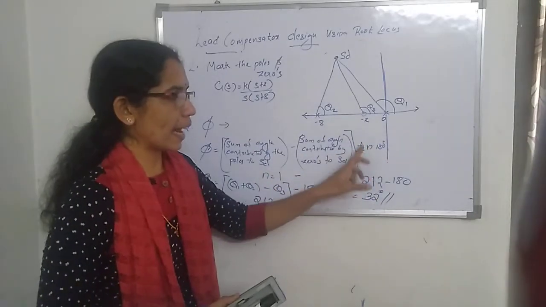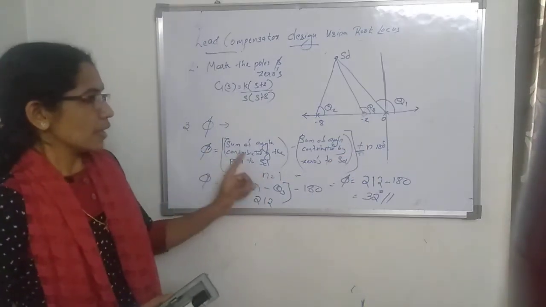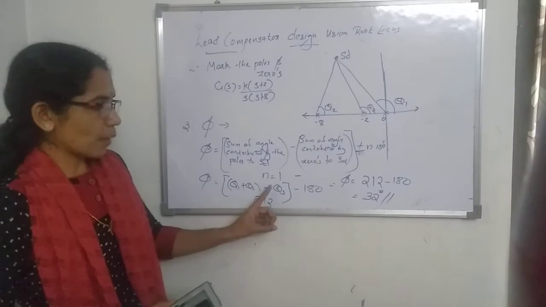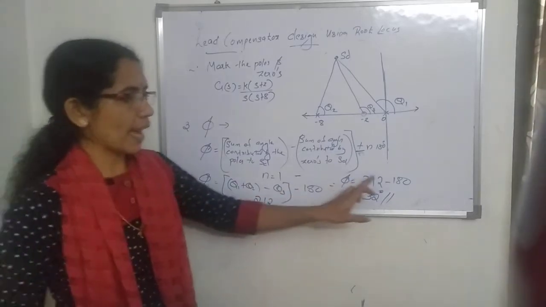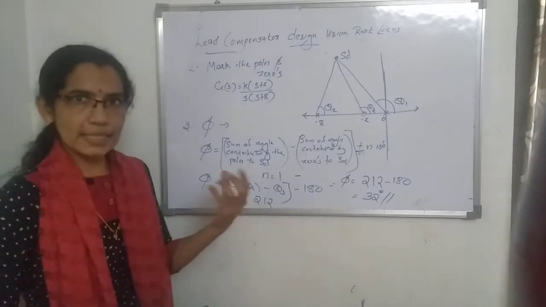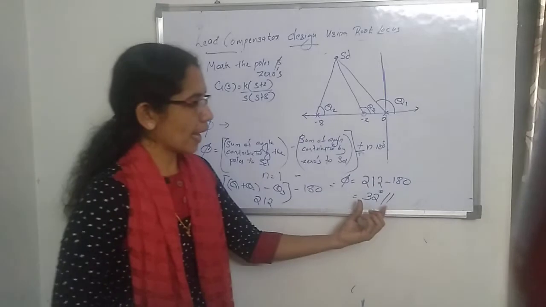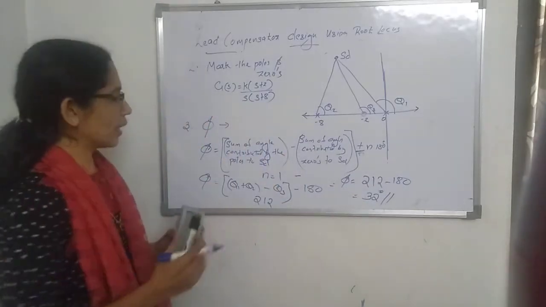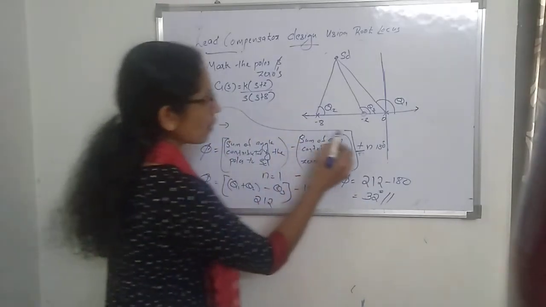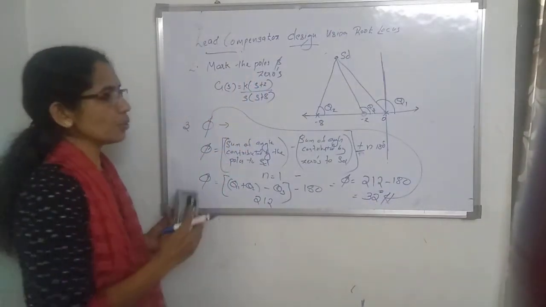We are taking n as 1 and the sign as minus. If theta 1 plus theta 2 minus theta 3 is 212, just as an example, then minus 180 gives 32 degrees. From this we got the lead angle phi equal to 32 degrees.